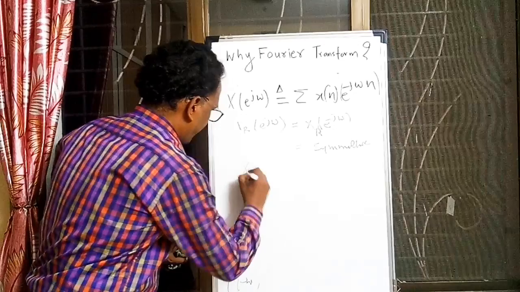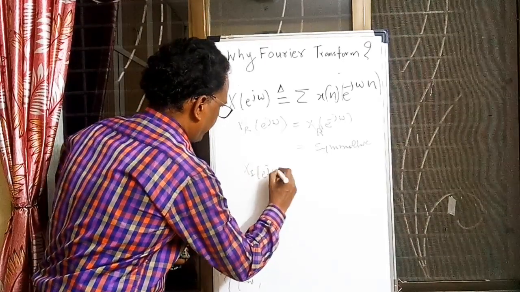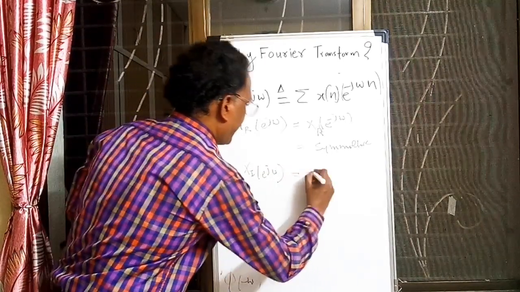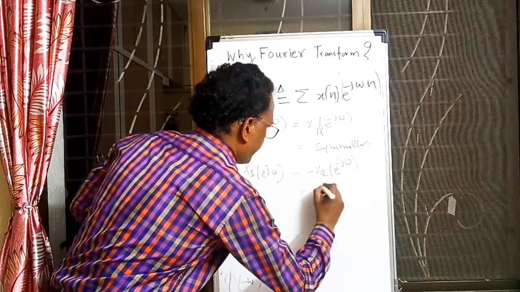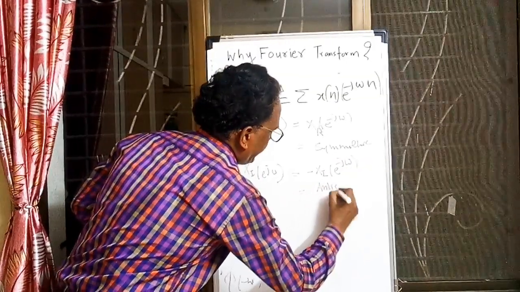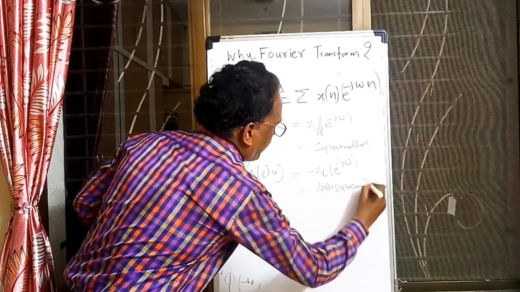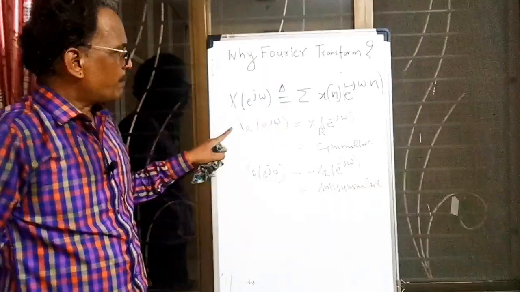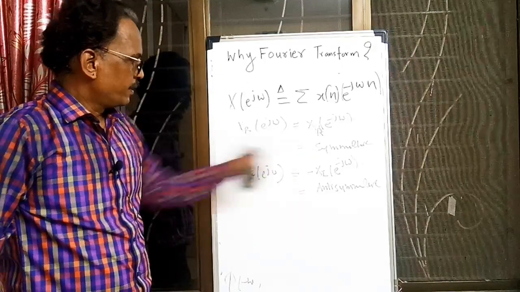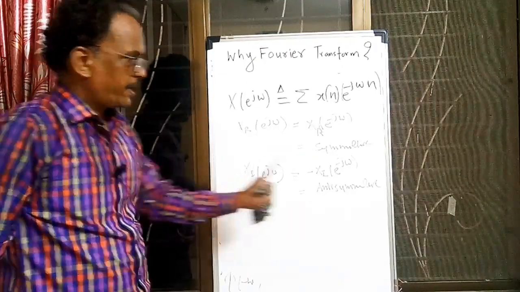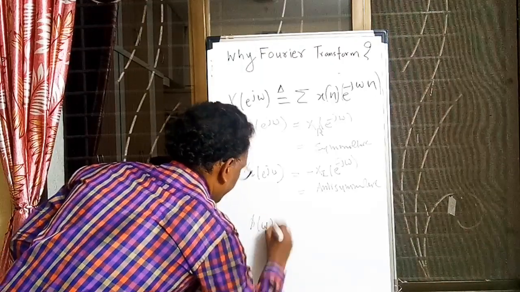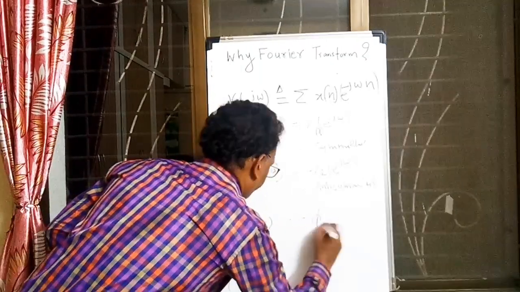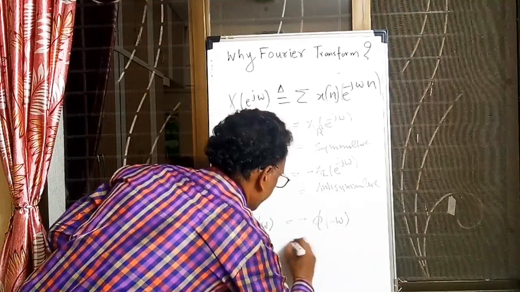Whereas the imaginary part of the Fourier transform, xi e to the power j omega, is equal to minus xi e to the power minus j omega, which is antisymmetric. Antisymmetric is also called odd. So the real part of the Fourier transform is always symmetric, the imaginary part is antisymmetric, and the phase of the Fourier transform is again antisymmetric.